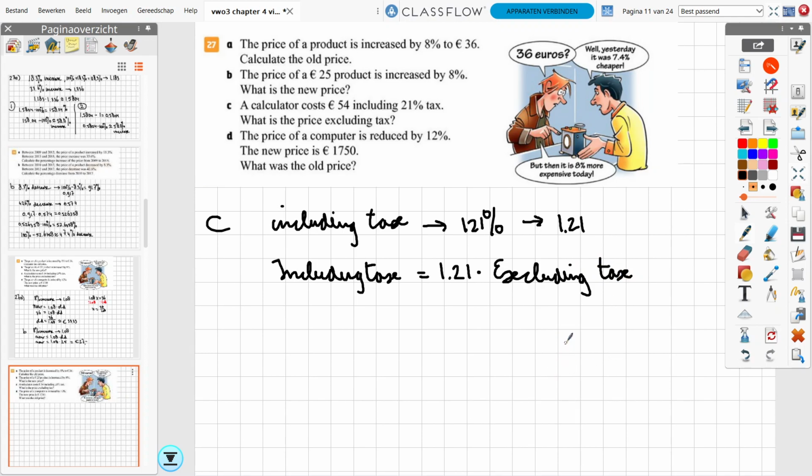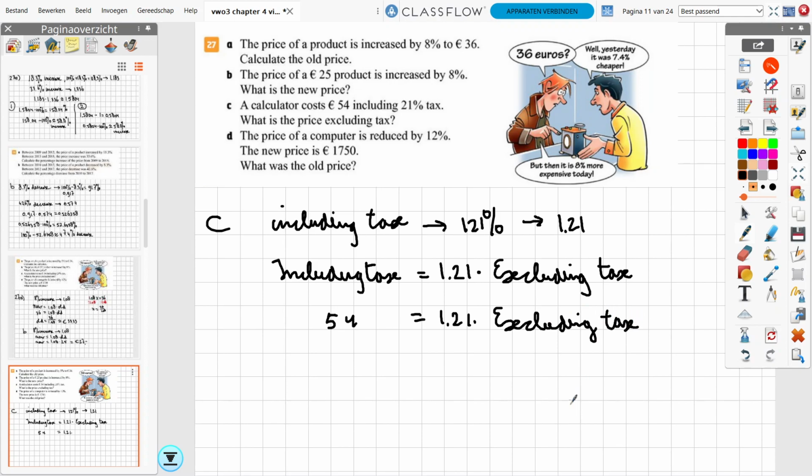And this should be true, right? That is how taxes work. And what do we know now? We know that including the 21% tax, it's 54. So we have 54 is 1.21 times the price excluding tax.